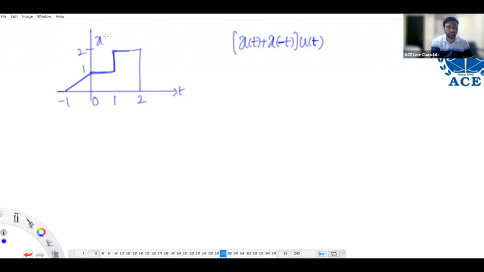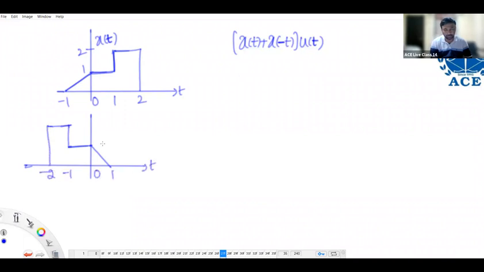This is x of t. For that we are adding the folded signal. We want the resultant signal for positive time, so I am not concentrating on the shape for negative time.